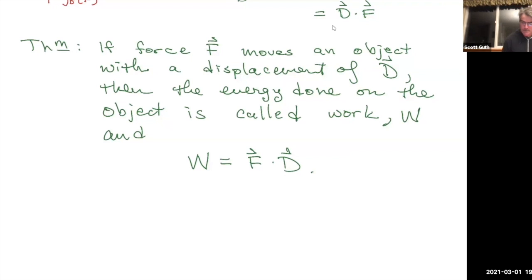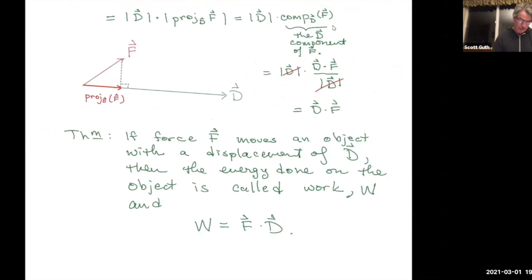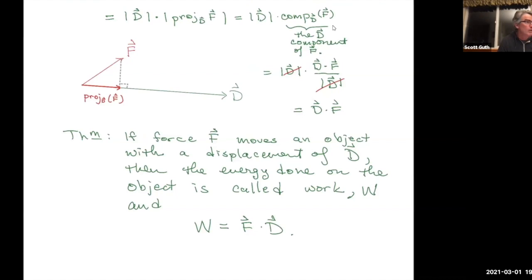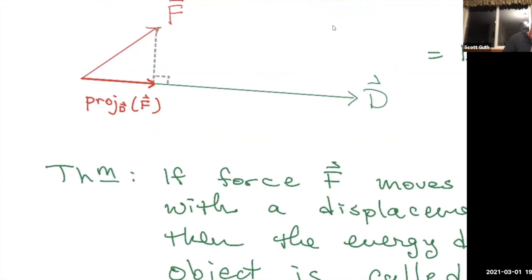So you see how really this is a trig problem. To get this projection, there's a cosine, there's a theta here. And for this projection, you would do the magnitude of f times the cosine of theta to get the length of the projection.